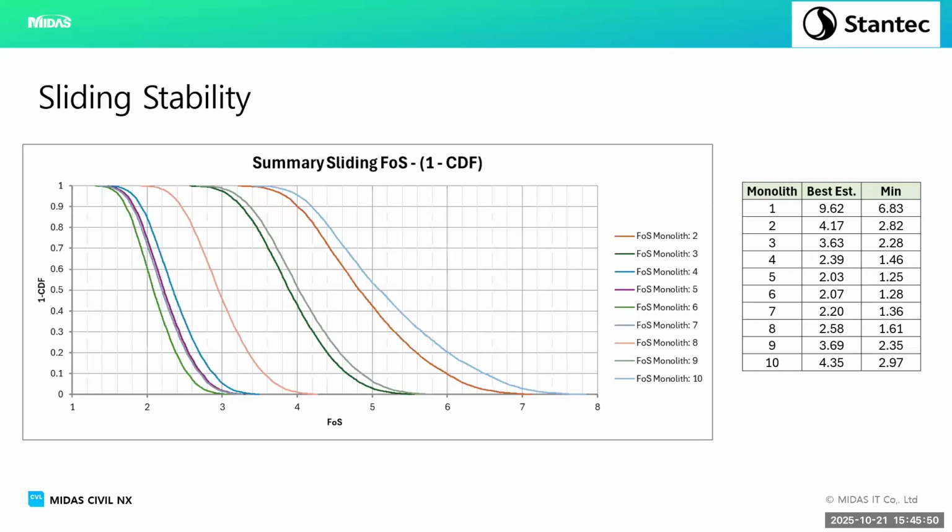What probability would there be that this could fail? If sliding stability is the driving failure mode, you could directly read that off, and that would go into the risk assessment. It's a lot more scientific.